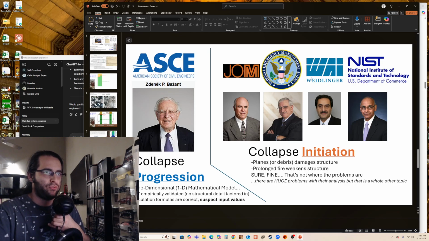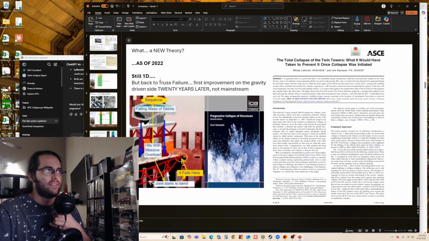But that didn't match with what this private insurance agency and the National Institute of Standards and Technology, which is the official report, said. They said it was a column failure on both the towers and World Trade Center 7. So this peer-reviewed paper is not a controlled demolition paper, but it's also not aligned with the official accounts.